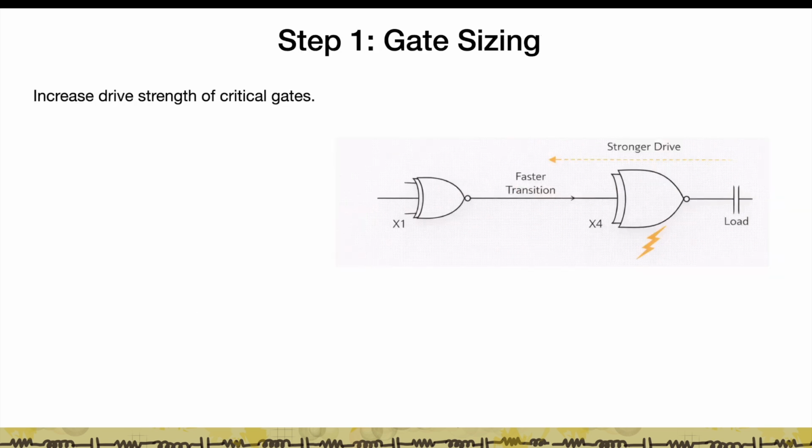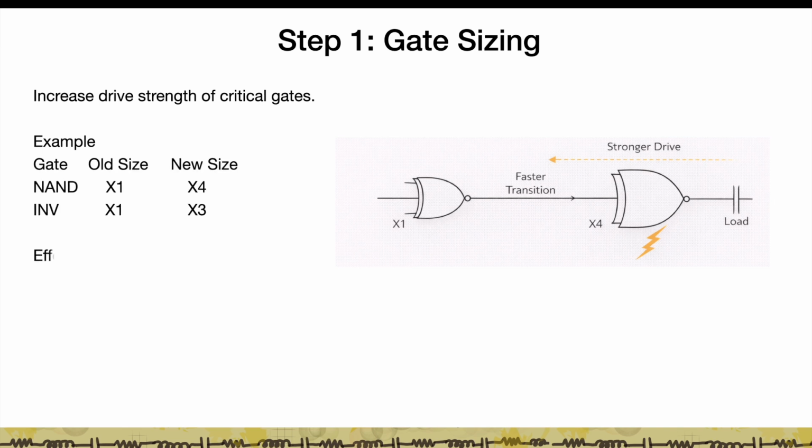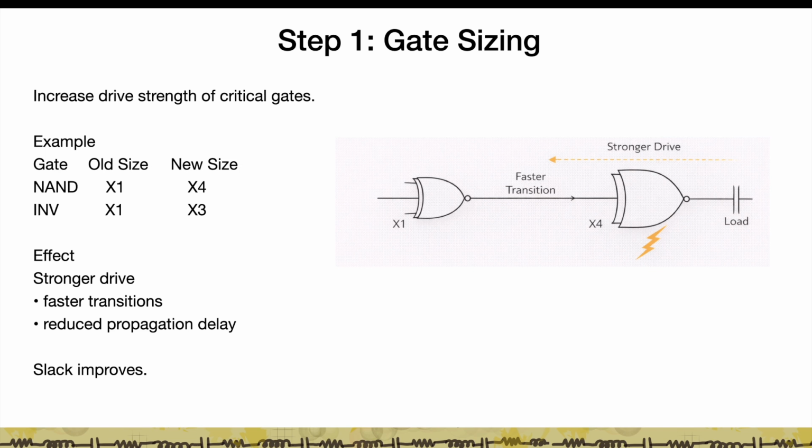The first and most common optimization is gate sizing, increasing the drive strength of slow gates on the critical path. Standard cell libraries provide every gate function in multiple drive strengths: X1, X2, X4, X8, and sometimes higher.